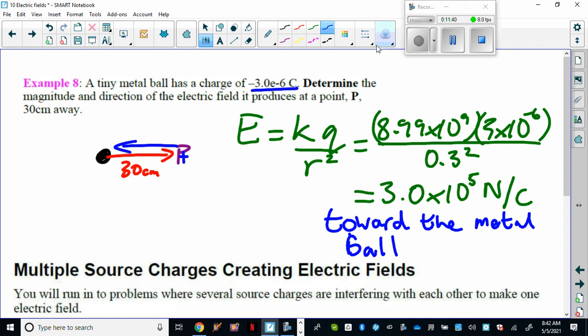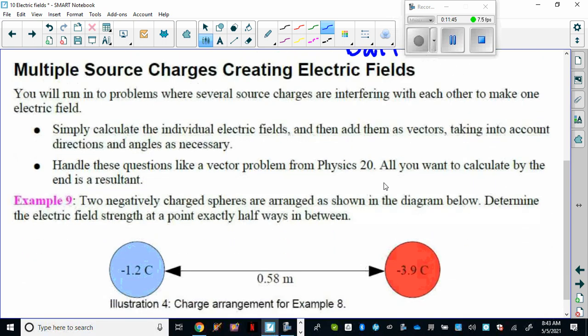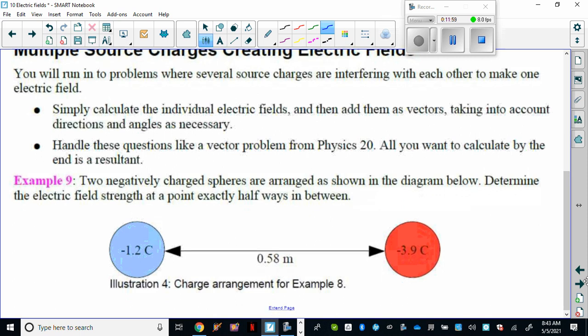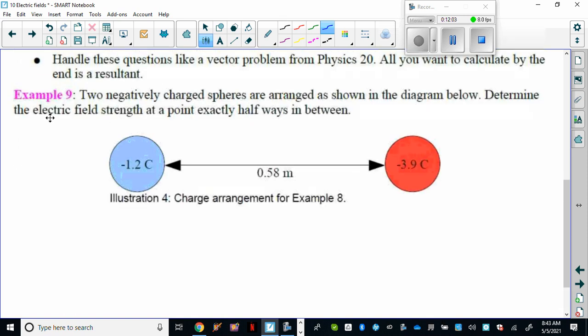And then the last part of this lesson is multiple source charges creating electric fields. This is more along the lines of a diploma question. It's a good question. We have two significant charges, both negative, and we want to find out what is the electric field strength at a point exactly halfway.